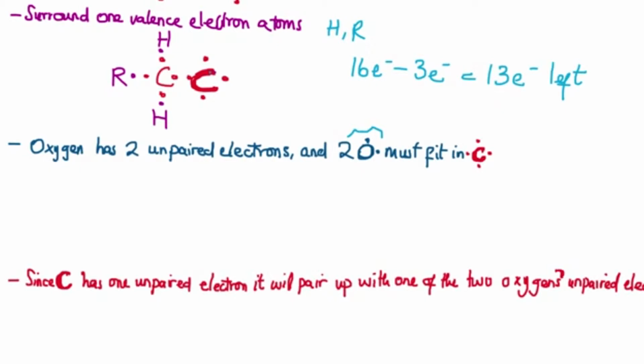So to accomplish that, we need to take care of this carbon with 3 unpaired valence electrons, and since we're introducing oxygen, the oxygen will bring the 2 unpaired valence electrons, where one of the unpaired valence electrons will bond with the carbon and the other one is left hanging.